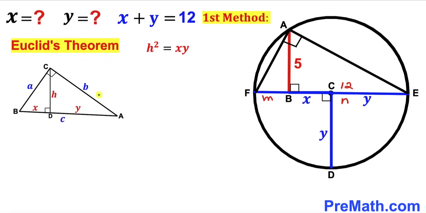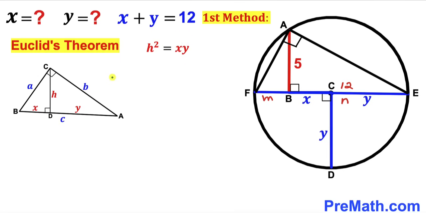If we have a right triangle ABC along with height CD, where this perpendicular CD is represented by lowercase h, segment BD is X, and segment AD is Y, then height h squared is equal to X times Y.